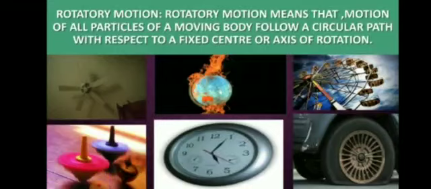The blades of a ceiling fan, rotation of the earth, moving of a giant wheel, movement of a top, movement of hands of a wall clock, and motion of wheels of an object, motion of the earth around the sun are the examples of rotatory motion.